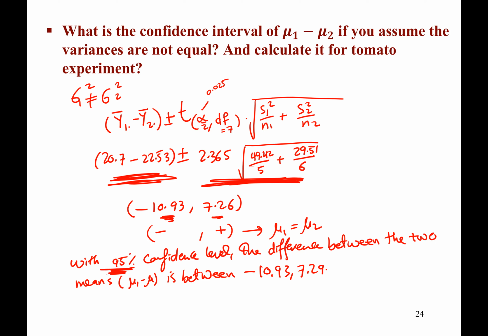This is the meaning of the confidence interval, and this is how to use the confidence interval to do a test of hypothesis. We fail to reject H0 because the lower limit is negative and the upper limit is positive. Any questions so far?